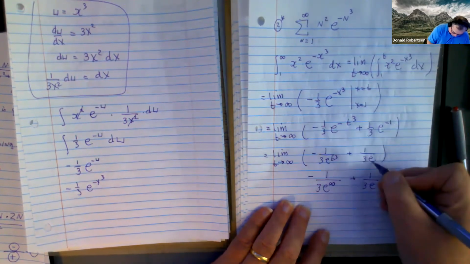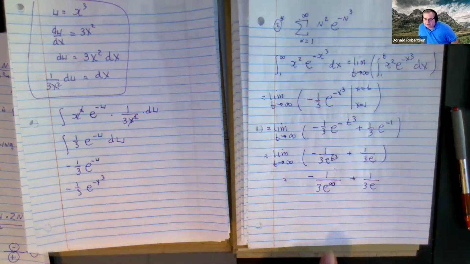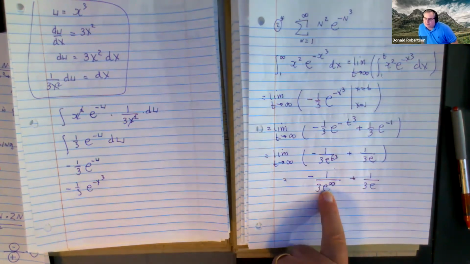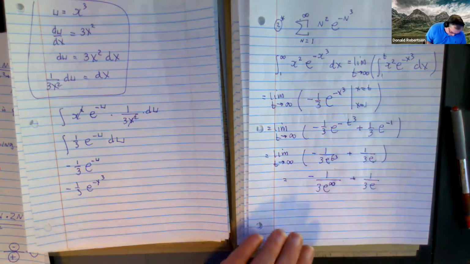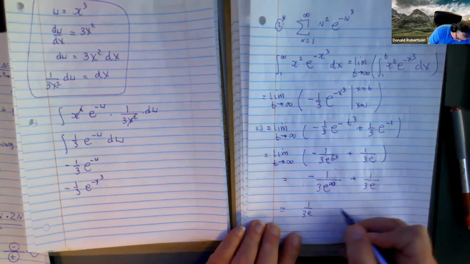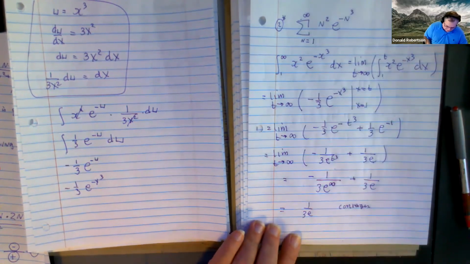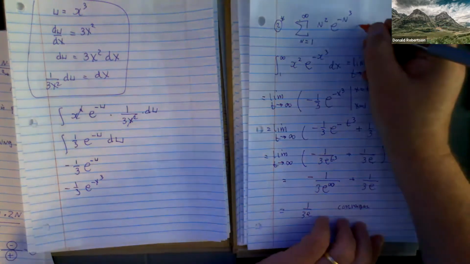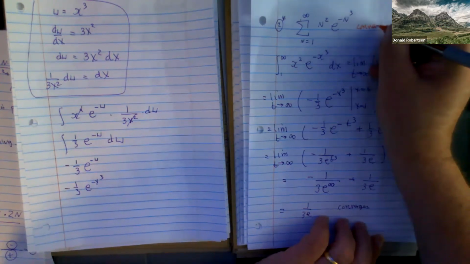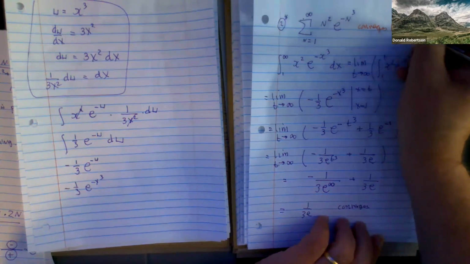And the negative 1 comes downstairs. E to the infinity is infinite. 3 infinities is infinite. 1 over infinity gets you a big fat 0. The result is 0 plus this. So it converges. And now we can say that this series converges as well by the integral test.